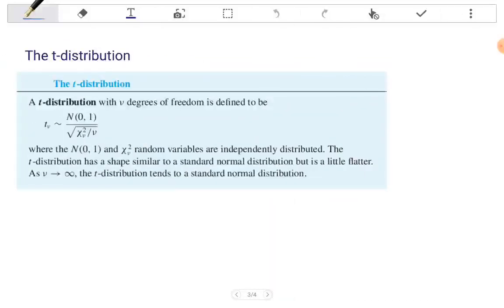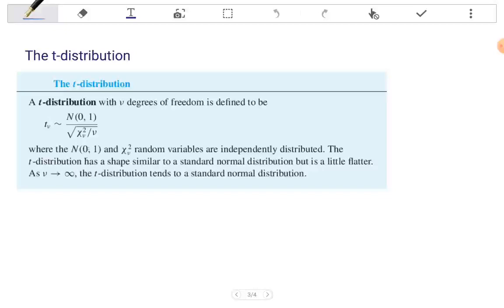The t distribution. The t distribution is the random variable which we usually denote by t_v, and again we have degrees of freedom here denoted by v, and this is the following. In the numerator we have a random variable which has standard normal distribution, and in the denominator what do we have? The square root of the chi-square distributed random variable over v.